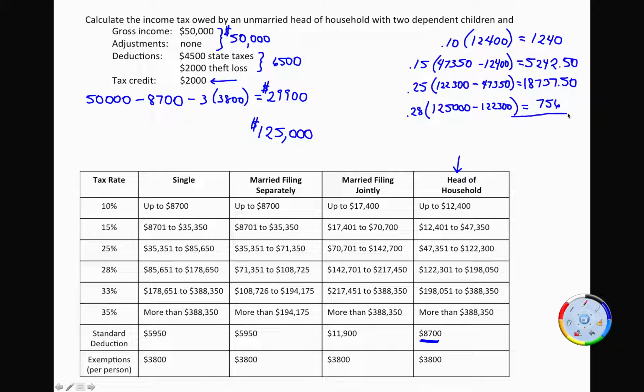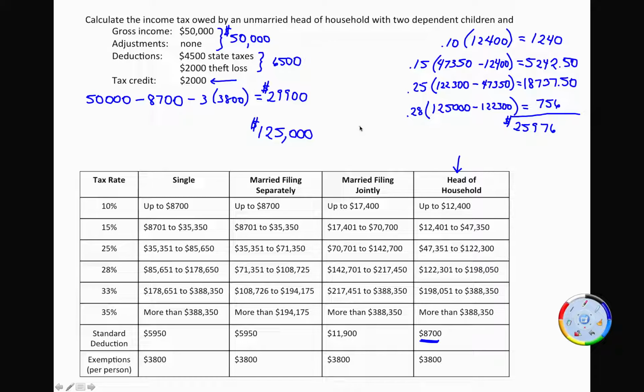And if we add all of those up, this guy owes $25,976 in taxes.